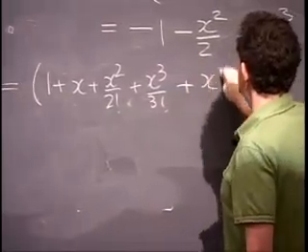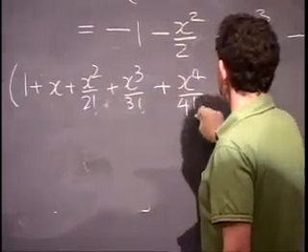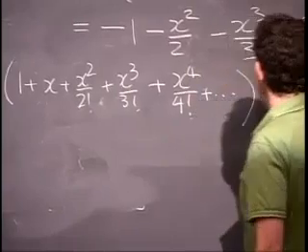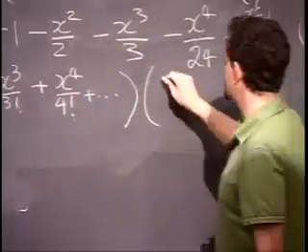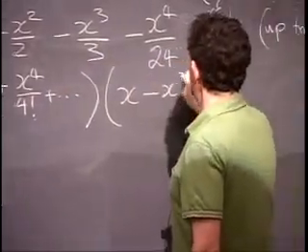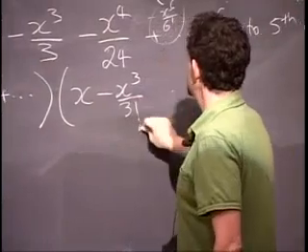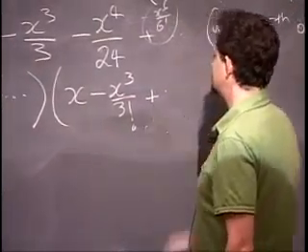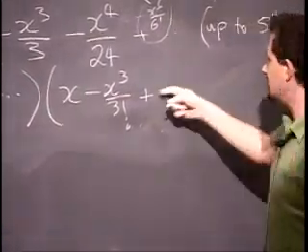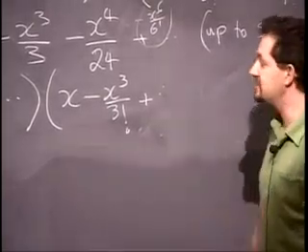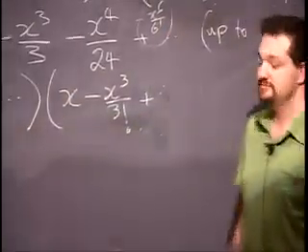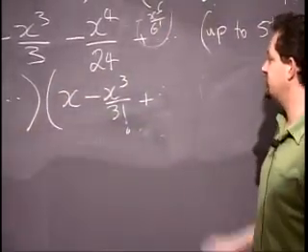Let's just try this far. Times sine x is x minus x cubed over 3 factorial plus, well, you know what? I cannot write x to the 5 over 5 factorial there, or else I should have written it over here. I've got to match these things.